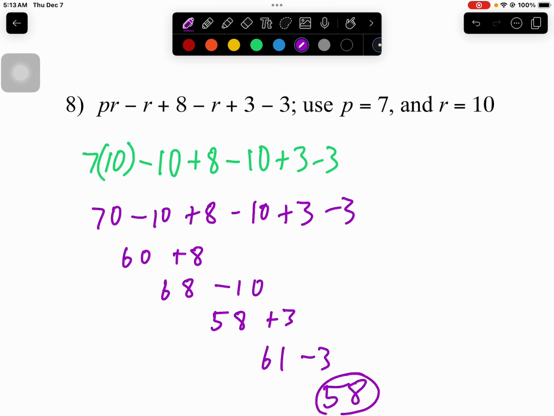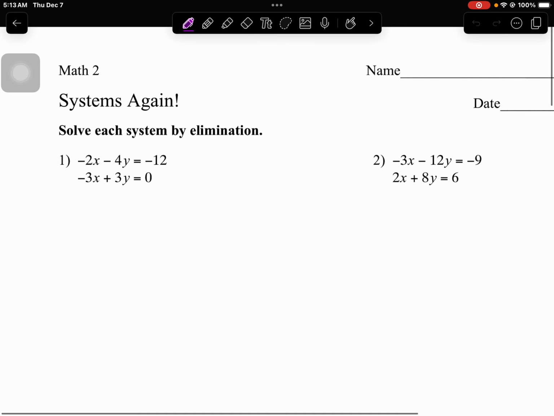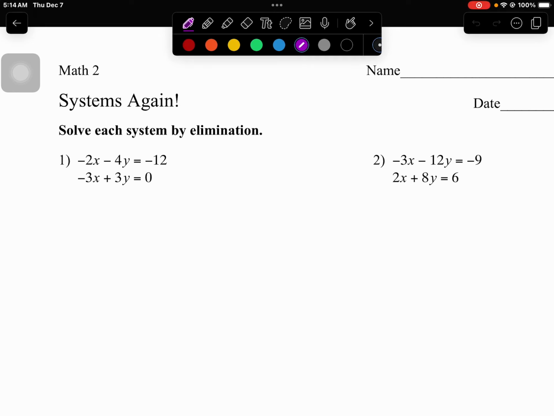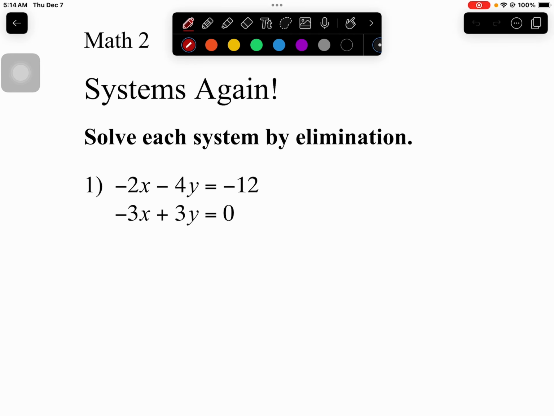Okay? So that's evaluating stuff. Now the systems. We've done substitution. Now we're going to do elimination. This is where you eliminate one of the variables up front to solve for the other one by adding straight down.